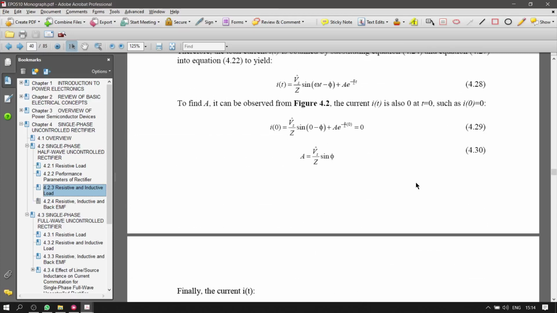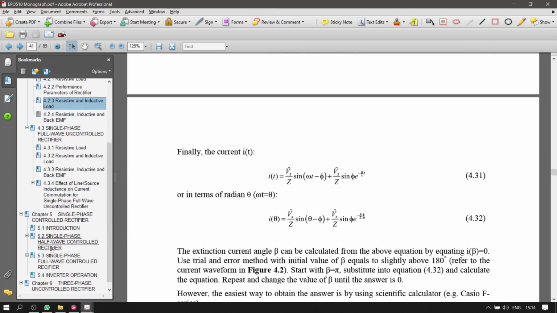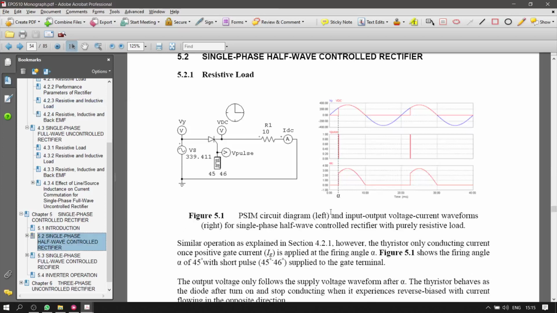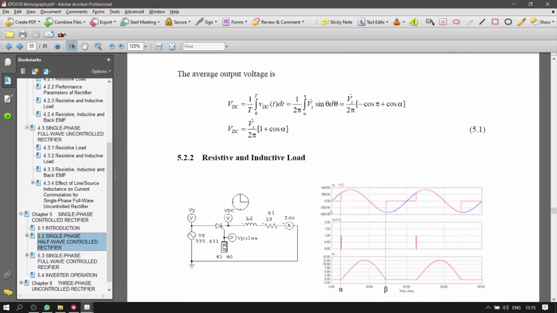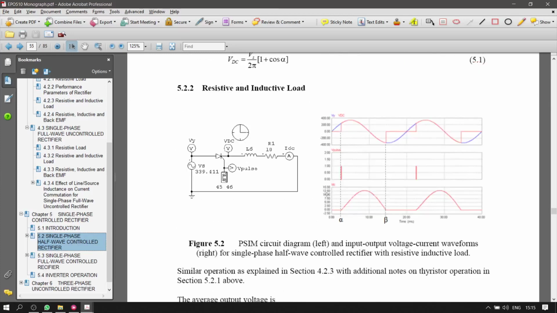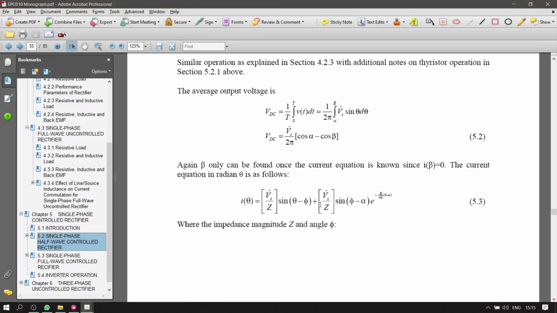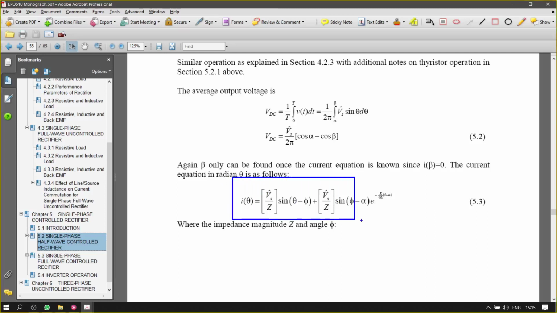You can follow the same derivation to get to this equation. Okay, right. So this is for the half wave rectifier, because that determines the beta here. So you can use the same equation here for the full wave rectifier.